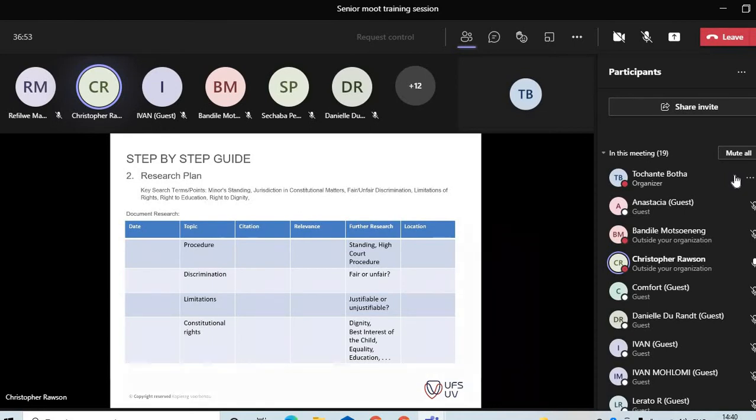So the question with this set of facts would be, is the Zulu Heritage Association necessarily denying the right to education, right? Because their job is to give out a bursary at the end of the day. It's not to admit and register students. So we're going to have to go look up what exactly is the ambit of all of these constitutional rights for this specific set of facts.